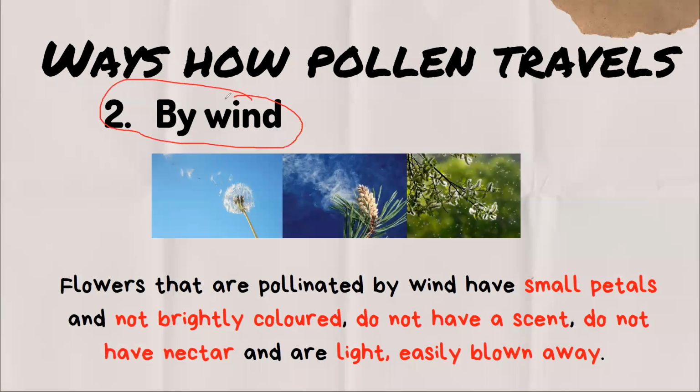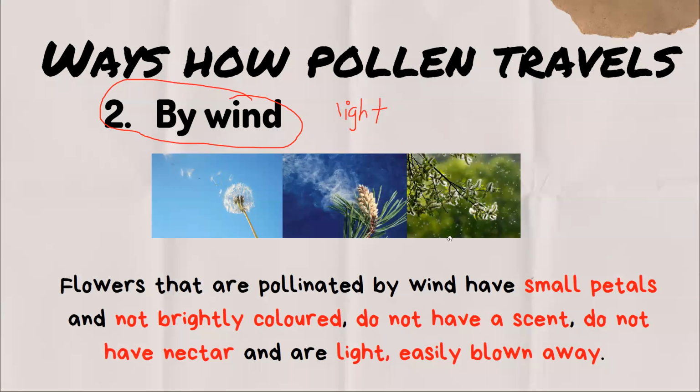Remember one thing I told you: whatever needs to be dispersed or pollinated by wind must always be light. Very good. It must always be lightweight, because imagine if it's heavy, would it be carried away by the wind?